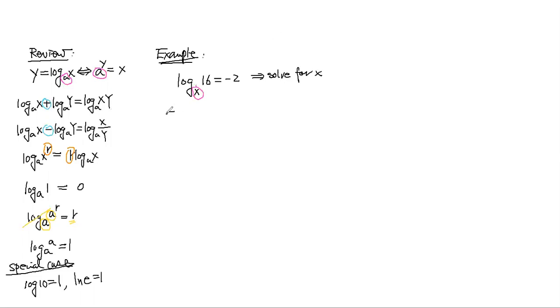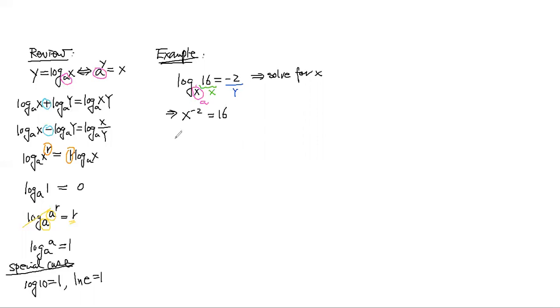We switch back to exponential form: the base x to the power y equals a. Here the base is x, the exponent y is negative 2, so x to the negative 2 is equal to 16.